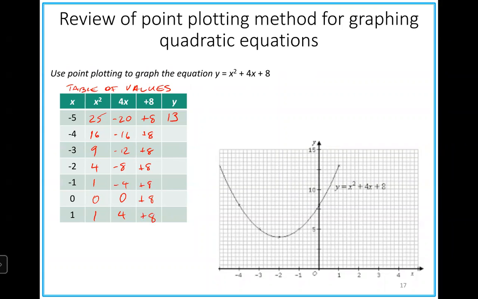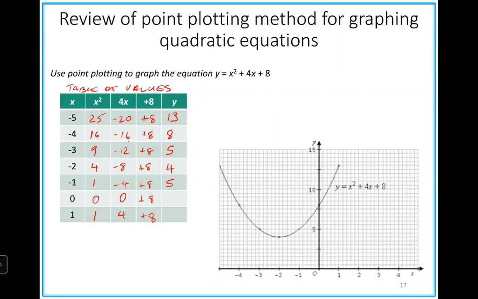And then you just add them up. Okay, 16 and -16 gives you 0. 0 plus 8 is 8. And 9 and -12 gives you -3. -3 plus 8 gives you 5. Then 4 and -8 gives you -4, plus 8 gives you 4. Then what's this? 1 minus 4 is -3. -3 plus 8 gives me 5.